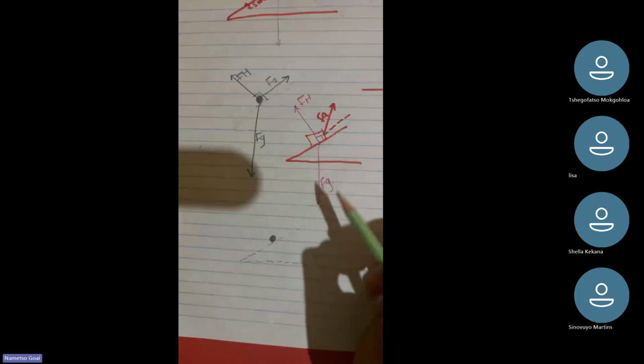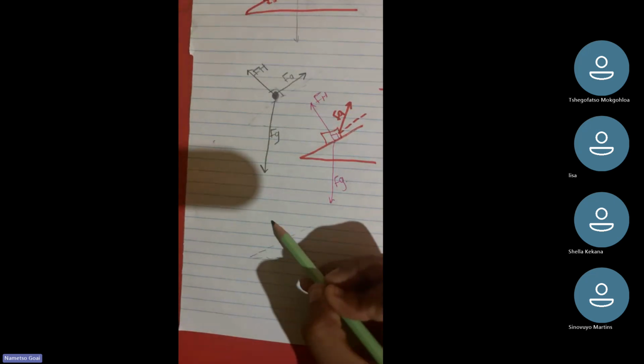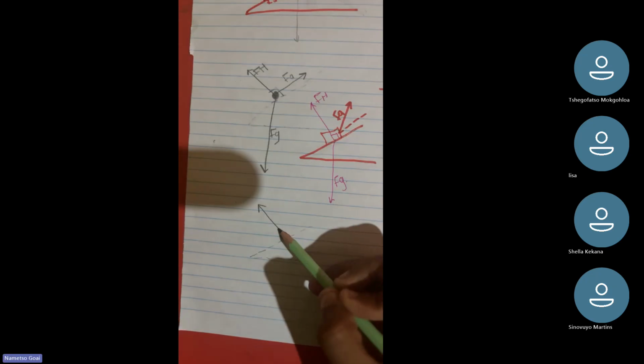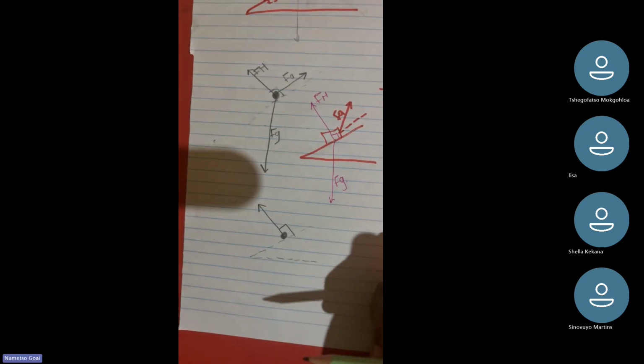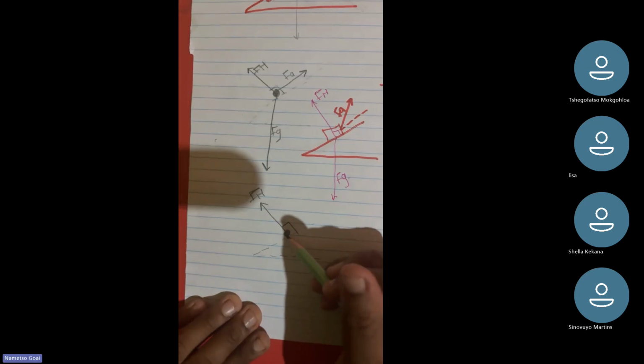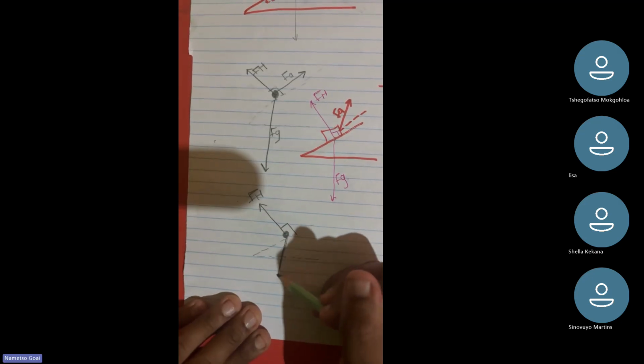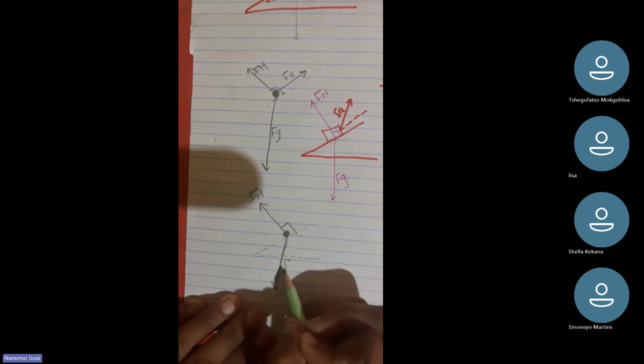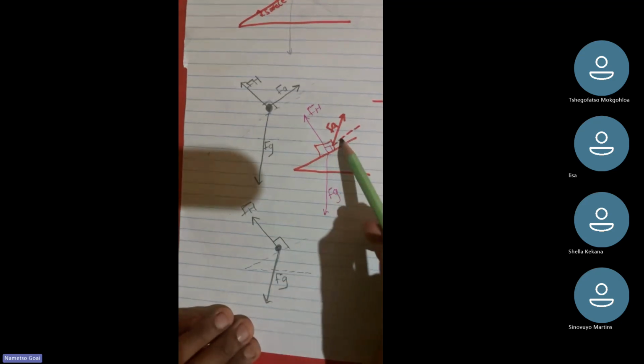Now let's put all the forces that are acting on here. We have Fn, which will be acting at a 90-degree angle. Then we'll have Fg, which is just pulling it downwards.